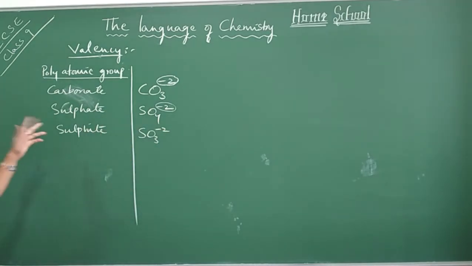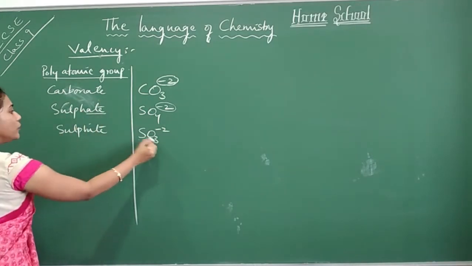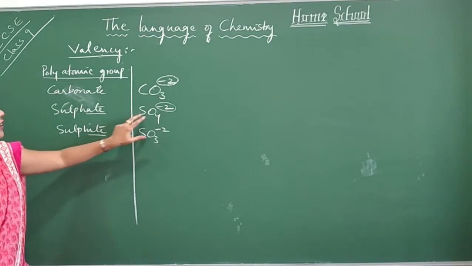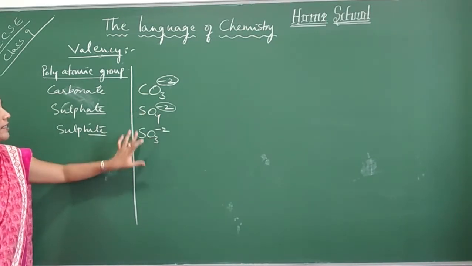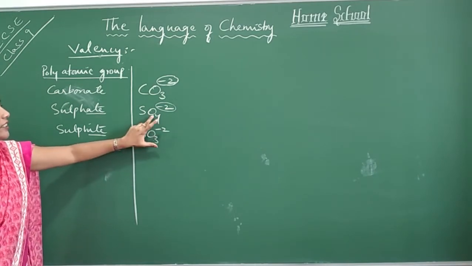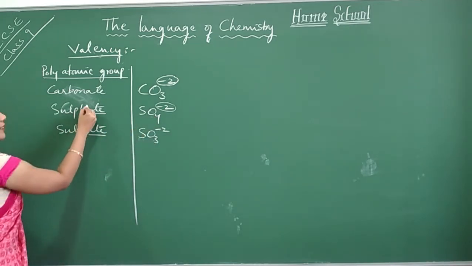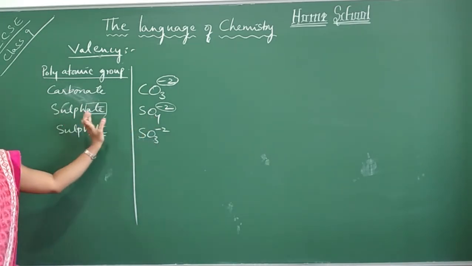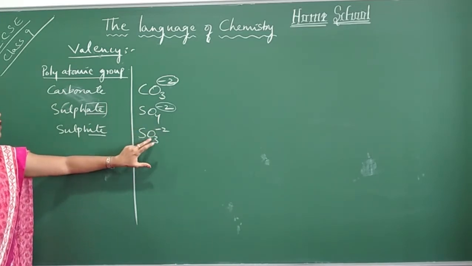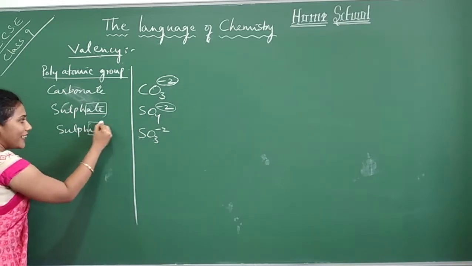You can observe here SO4 is called sulfate, SO3 is called sulfite. Both of them have sulfur atoms and oxygen atoms. The one which has more oxygen atoms is given the name ending with ATE. The one which has fewer oxygen atoms has a name ending with ITE.